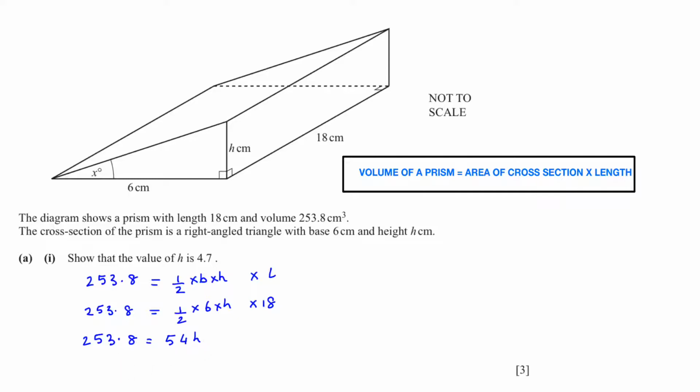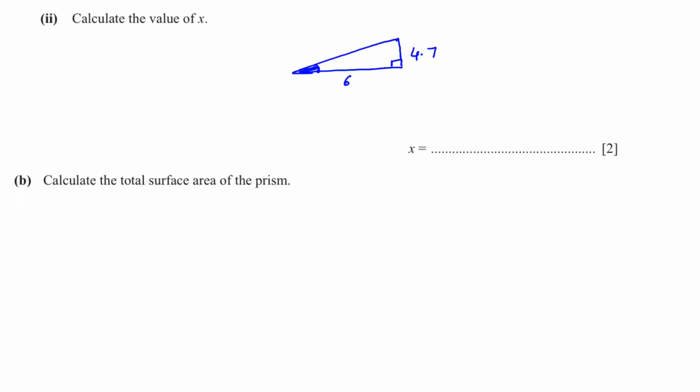This is a multiply. When I bring it to the other side, it will be a divide. So 253.8 divided by 54 is your h, and that is 4.7 centimeters. So we showed that the value of h is 4.7 centimeters.